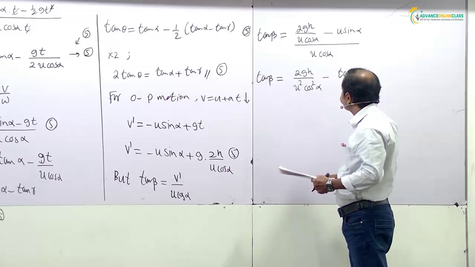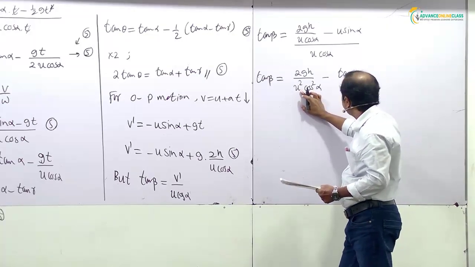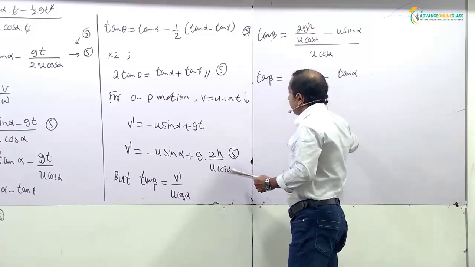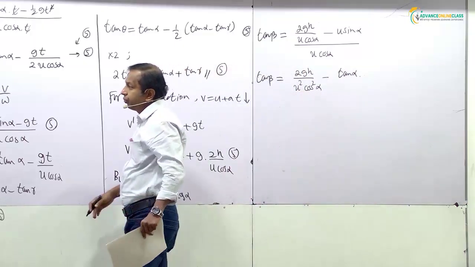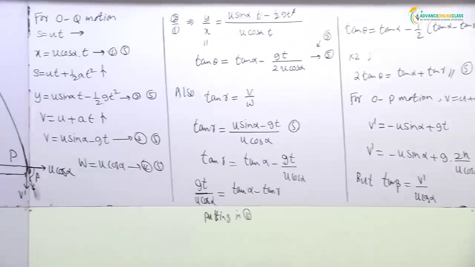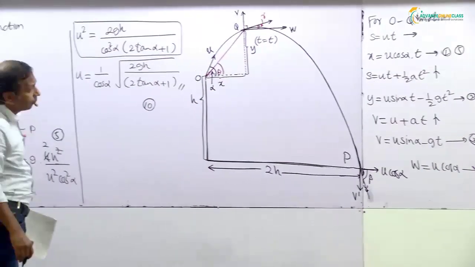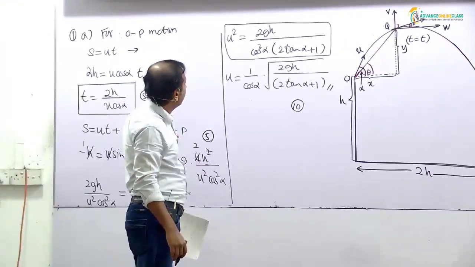So this U squared we cannot substitute. Right, we got an answer for U squared, no? Here, this part. Okay. We need there 2gh upon U squared cos squared alpha.